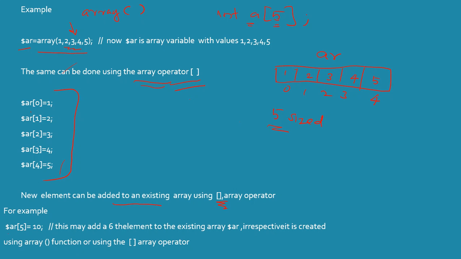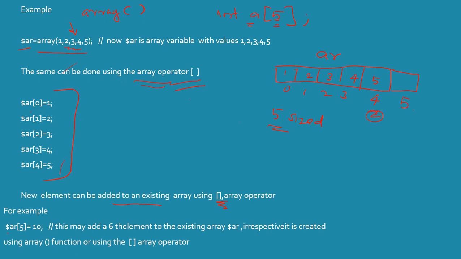We have already created an array AR with 5 elements, and the index of the fifth element is 4. It is because the array index starts from 0. So it is 0, 1, 2, 3, 4. Fifth element has an index value 4. And if you want to add another location, its index is going to be 5 only.